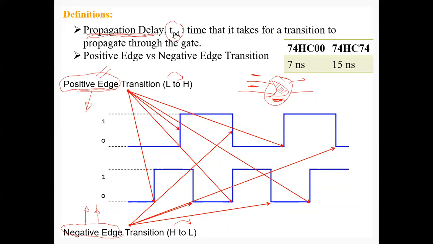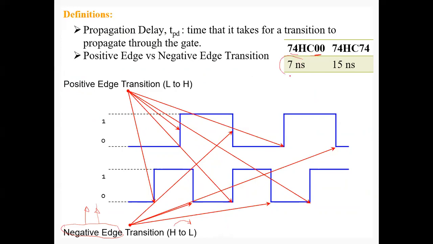Depending on the device we choose, the propagation delay is different. Some devices have a smaller propagation delay, some have bigger. If you consider 74, by now you must be familiar with this device chip, 7400.